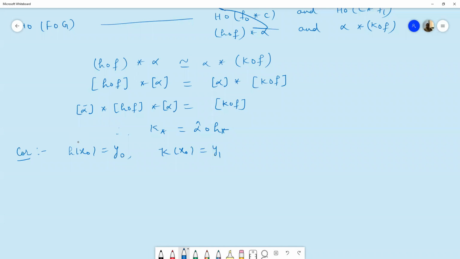If H star is trivial, then K star is also trivial, because we have proved K star is equal to alpha cap circle H star. Since alpha cap is an isomorphism, if H star is injective, then K star will be injective. Similarly, whenever H star is surjective, K star will be surjective. And if H star is trivial, then K star is also trivial.